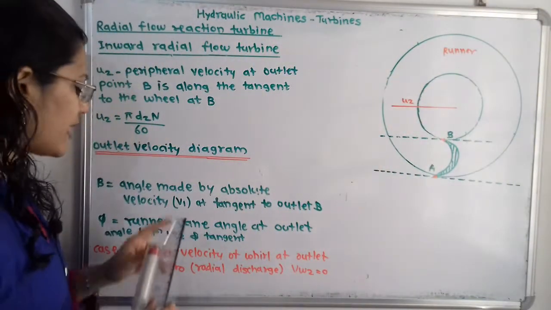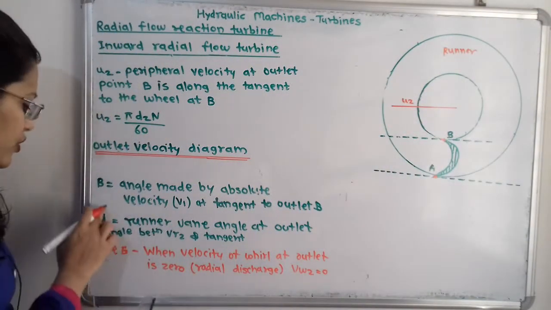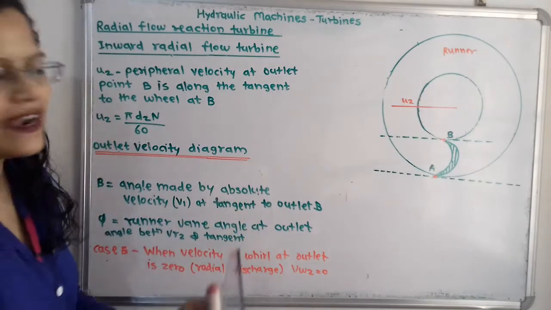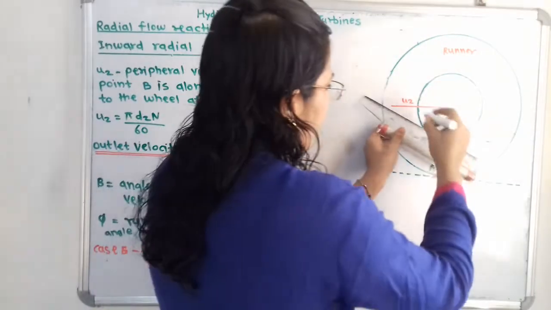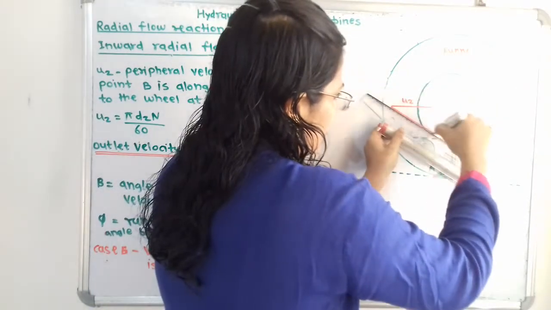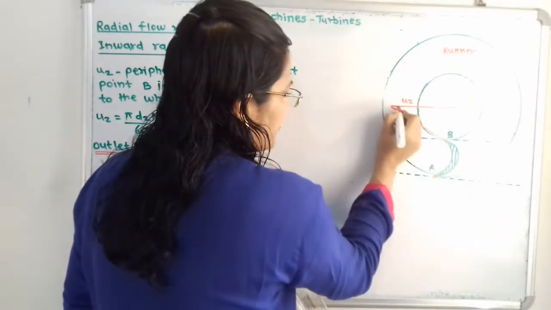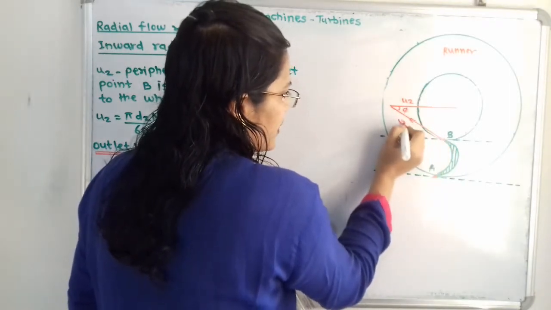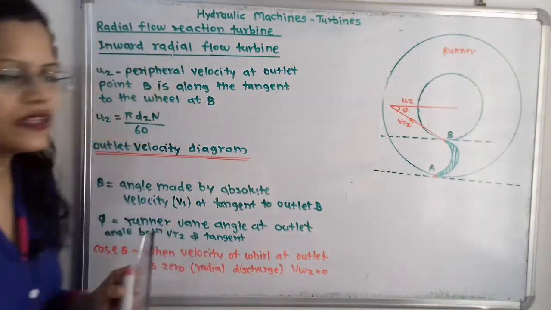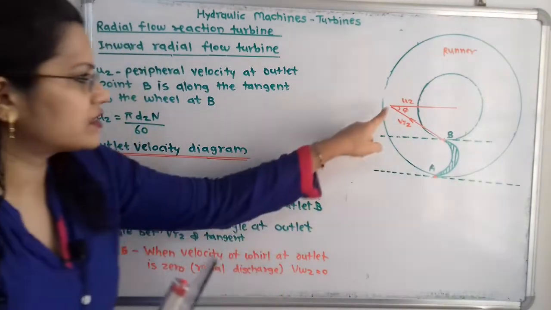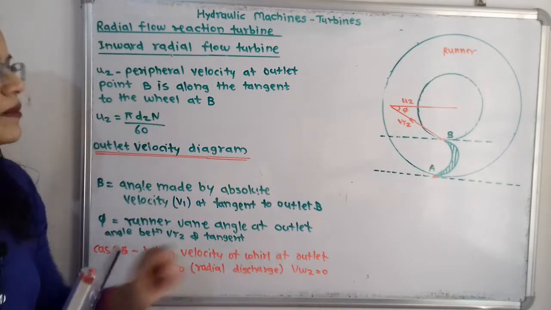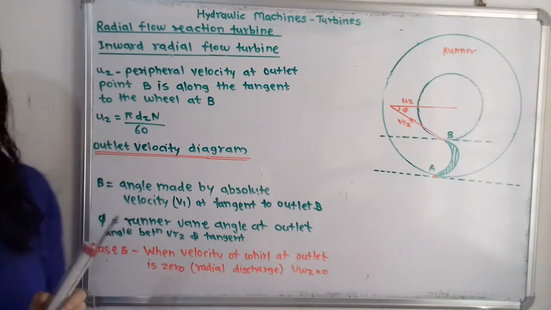Now how to show VR2, the relative velocity? For that we take angle phi, the runner vane angle at outlet. With this angle I will show it here. For this tangent line here is the angle phi, and for this line there is VR2. Now here Vw2 is 0, that means only U2 is there, and when Vw2 is 0, what is the angle beta?